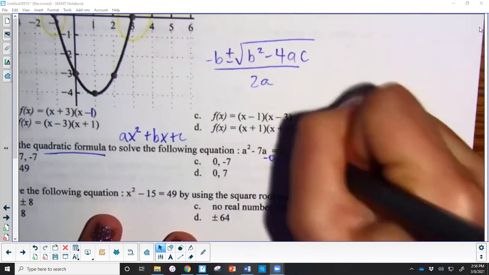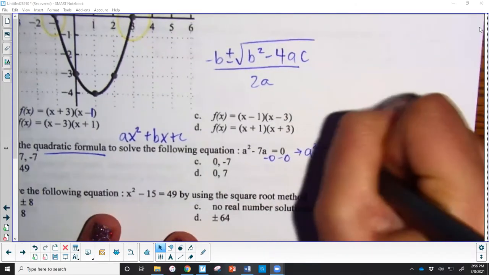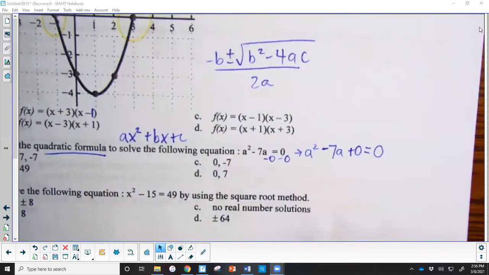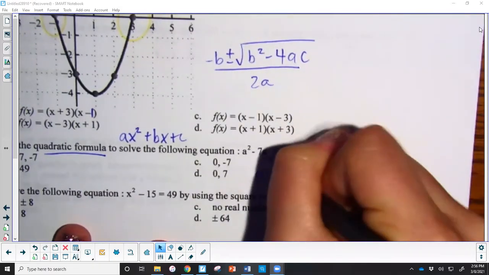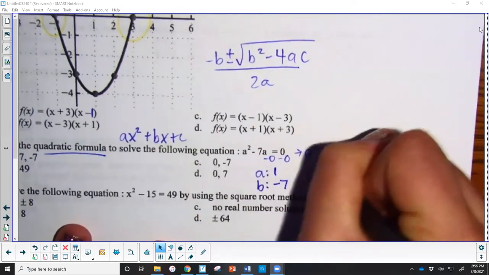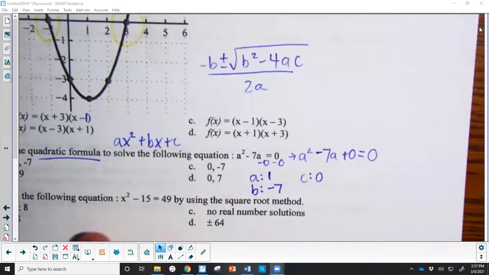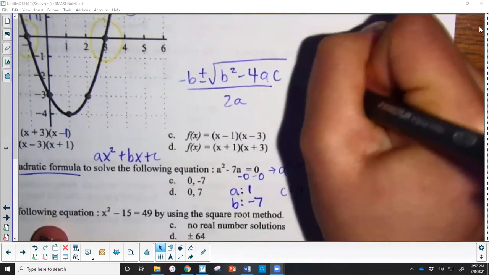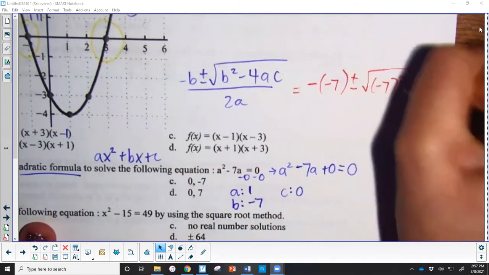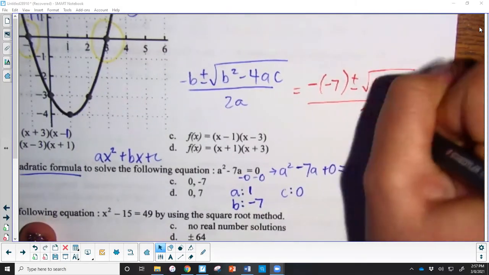All right, so my real function is a squared minus 7a plus 0 or minus 0 is equal to 0. So my a value here is 1. My b value here is negative 7. And my c value is 0. So when we plug these into the formula, negative b plus or minus square root b squared minus 4 times a times c all over 2a.